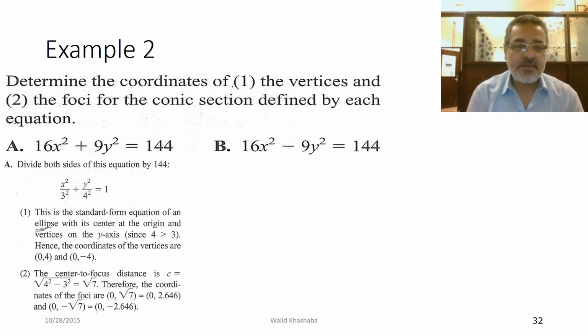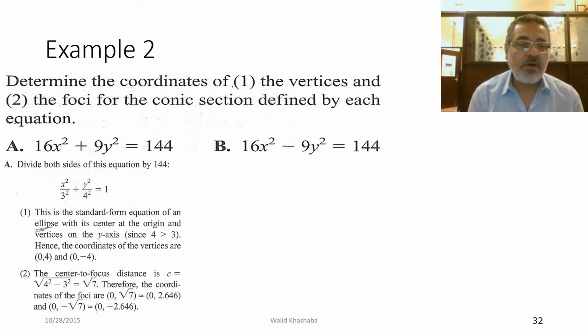That's why you have to divide both sides by 144 to make the right hand side 1. As you can see in the solution, after we divide both sides by 144, the left hand side will be x squared over 3 squared plus y squared over 4 squared. This is the standard form in case h and k were zeros.